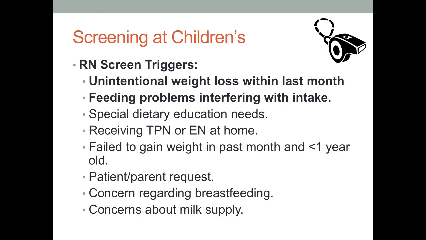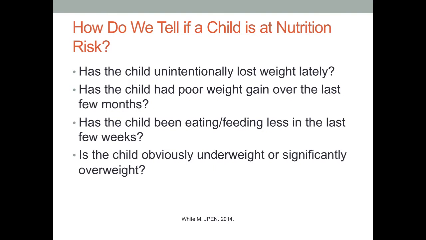At Children's Health in Dallas, where you go in the spring for your practical experience, the nursing screen includes the following triggers: unintentional weight loss within the last month, and feeding problems interfering with intake. So 2 of those are actually present in the article by White, unintentional weight loss and feeding.